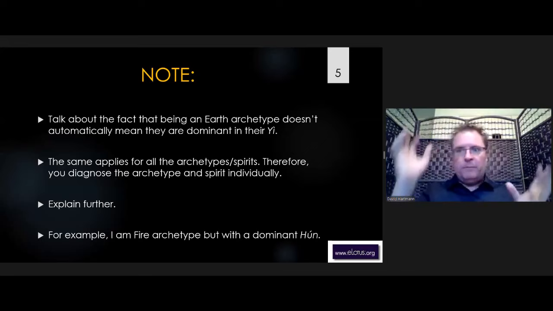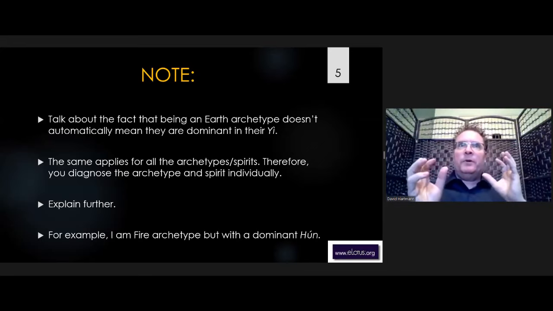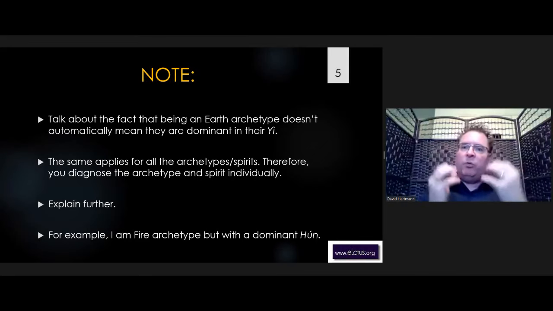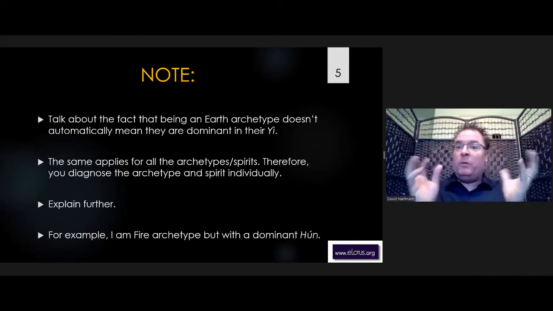So at times it'll charge into excess when we really need it to take charge and be dominant over the others, and at other times it will become quite submissive and pull back and withdrawn when we need new ideas to come to our forefront, in which case our hun will dominate. So then the hun will drive up into excess, even though we're an Earth archetype.